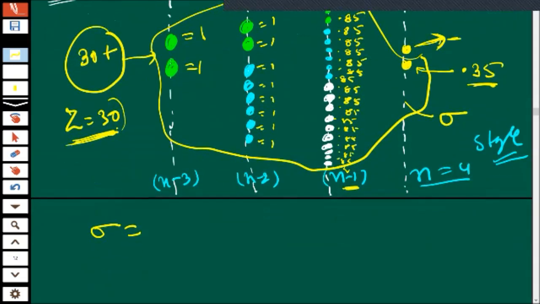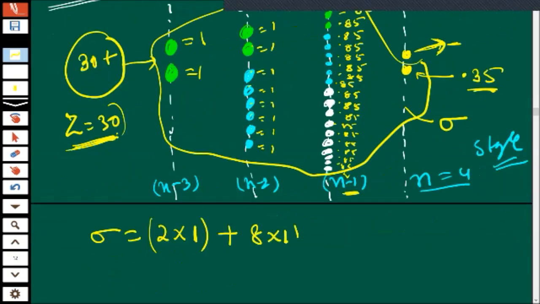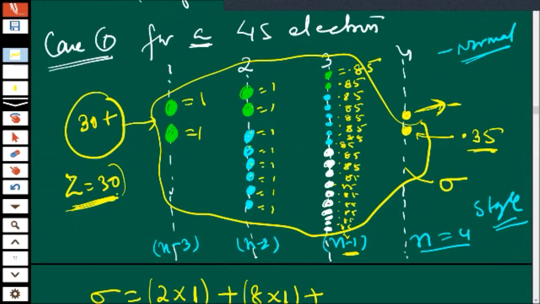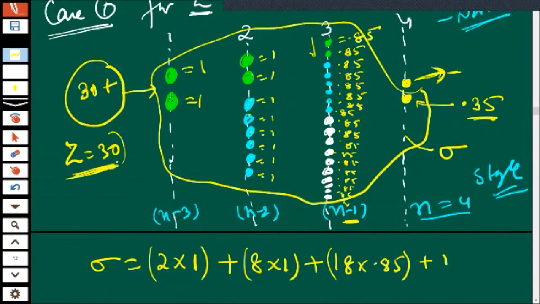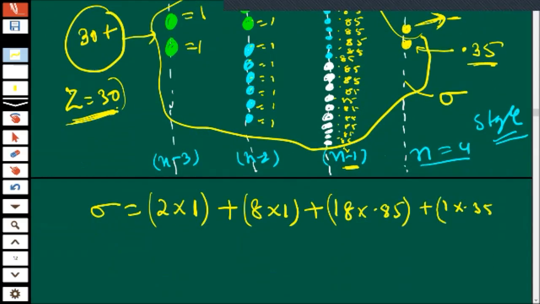So these 2 electrons will give contribution 1 each, plus 8 electrons again contribute 1 each, plus 18 electrons will give 0.85 each, plus this electron 1 into 0.35. So the 29 electron distribution is done.